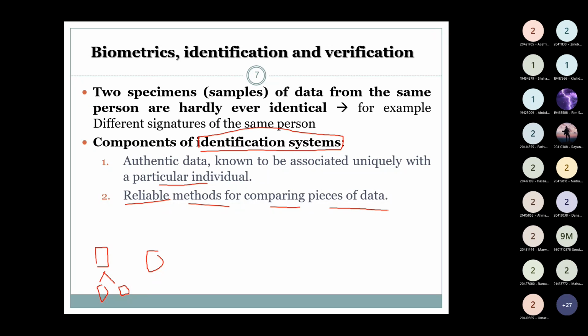So these are the components of an identification system. You will have some database or data sets in which you can store all the samples, and you need reliable methods. What does it mean, reliable methods? Reliable.